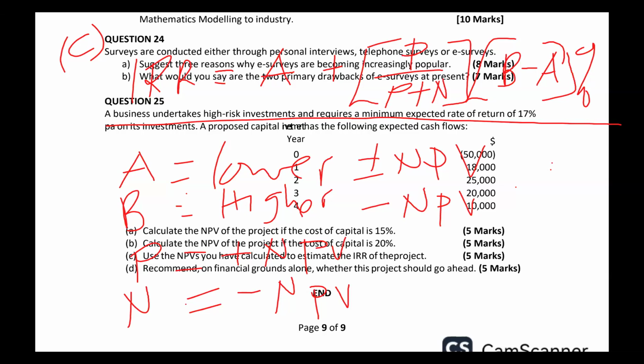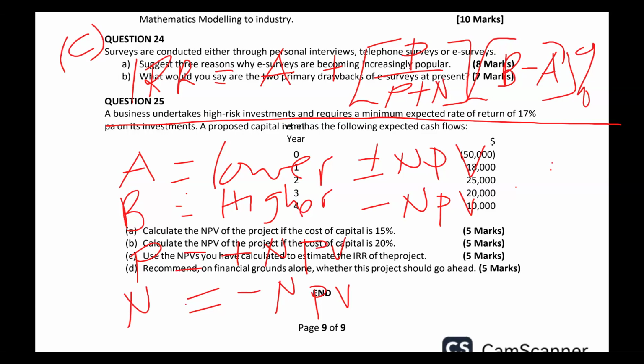Don't point fingers at the teacher when you find another book using other letters. These are just arbitrary letters. Tell us what you mean: which one is the lower rate, which one is the higher rate. That is what is important.